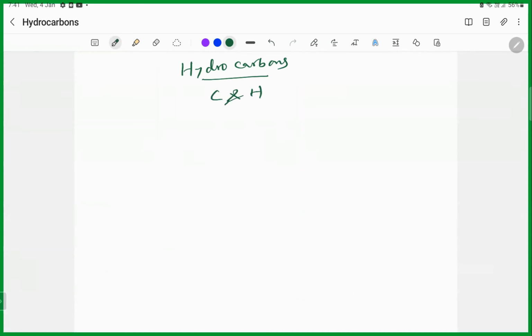Hydrocarbons are compounds of carbon and hydrogen. We have n number of hydrocarbons, and these readily undergo combustion. When burned, they give carbon dioxide, and because of that they can be used as fuels.